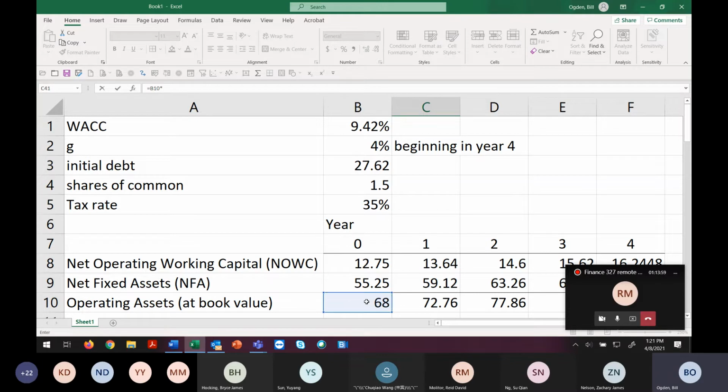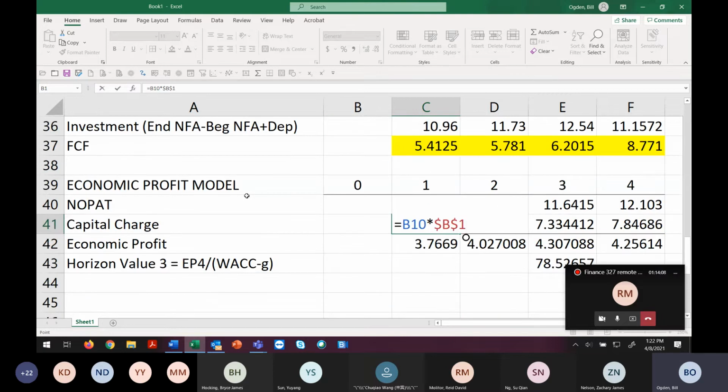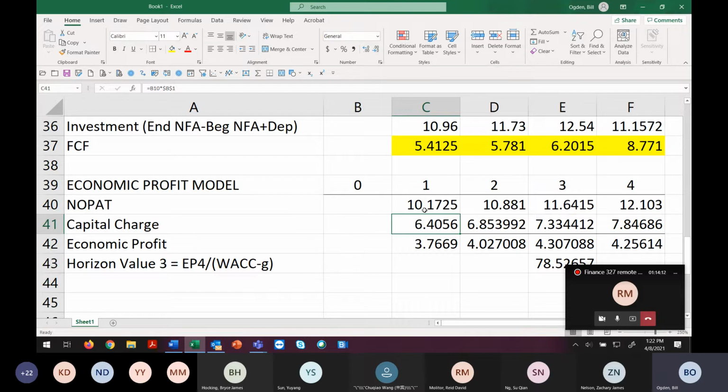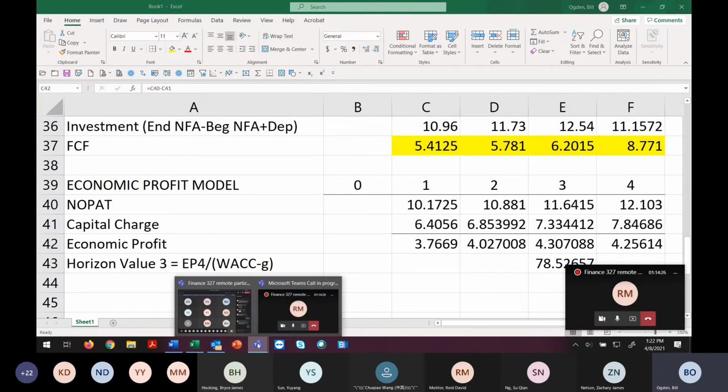So we're going to multiply that times the WACC, and we will lock that. Okay. And then you subtract the capital charge from the NOPAT. So there's our capital charge, and we will reduce it by the NOPAT. That's what we get.